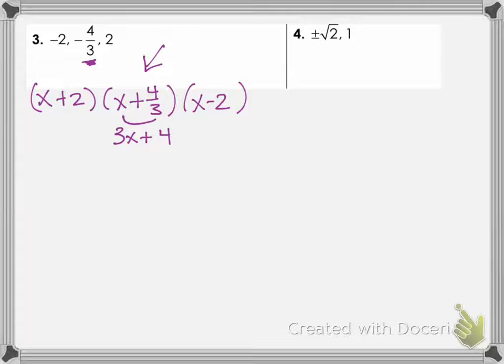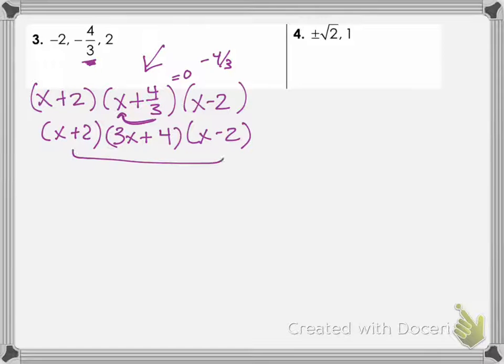Okay, because look, if you put that equal to 0 or this equal to 0, you get negative 4/3, right? What do you get here? Negative 4/3. So this is a trick. Change it, put the 3 up there in front of the x and you'll be good. So change it to 3x plus 4, x plus 2, and x minus 2.